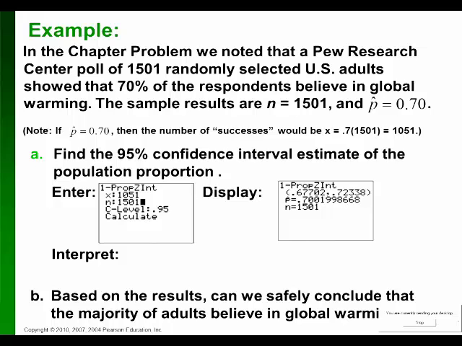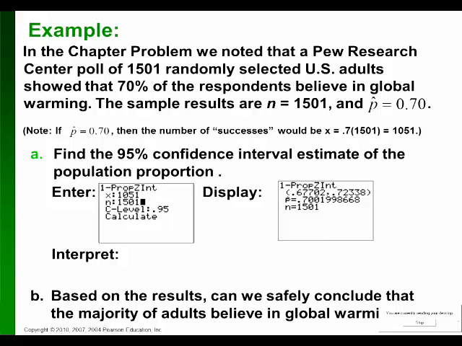X is the number of successes. Remember, this is a binomial distribution. Only 2 possible outcomes when you ask someone, do you believe in global warming? Either yes, they do, or no, they don't. And in this sample, 70% said yes, we do, and 30% said no, we don't.